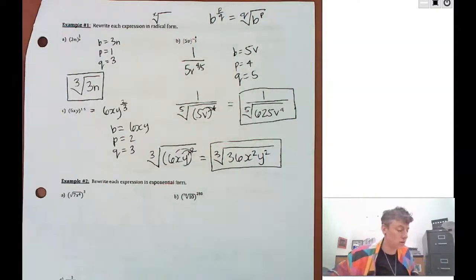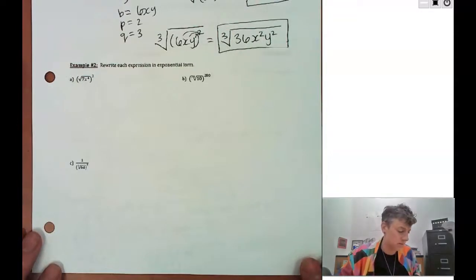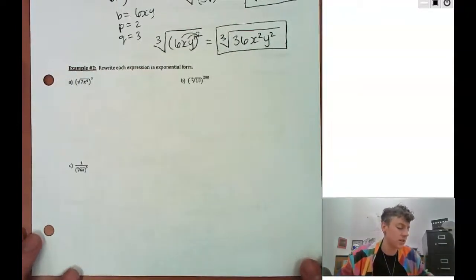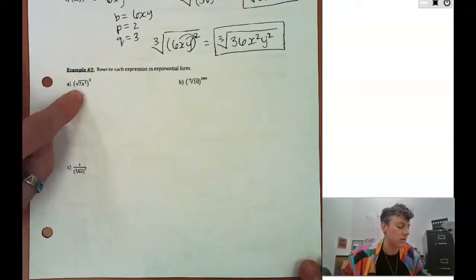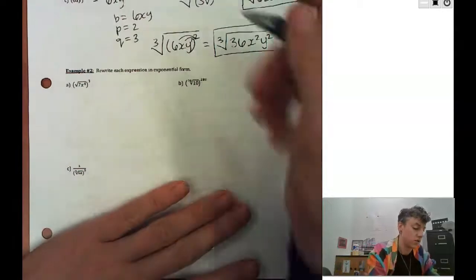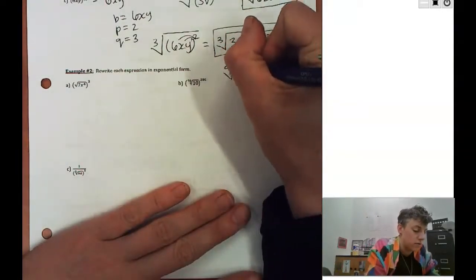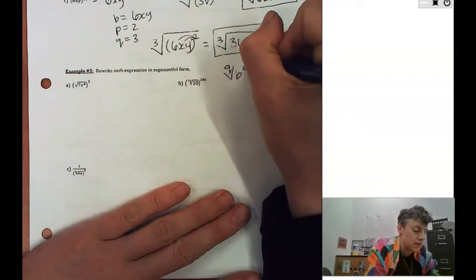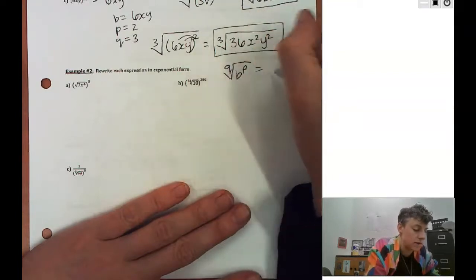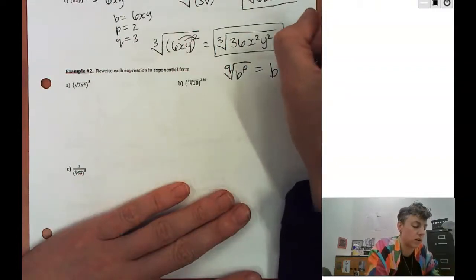All right, you're going to do example 2s, which means you're going to go backwards. You're taking all these, and it will be written in exponential form, meaning you'll have an exponent. So you're going from q root of b to the p to b to the p over q.